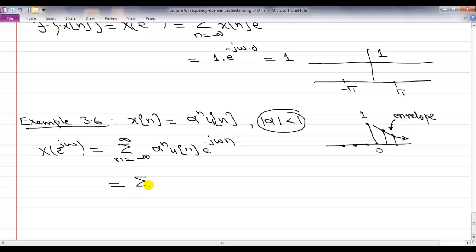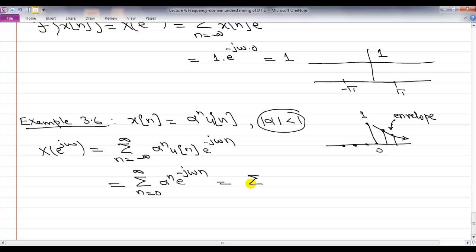So we just get rid of the unit step and go from n equal to 0 to infinity, alpha^n e^{-jωn}. And then oftentimes in discrete time Fourier transform calculations, our end goal will be to reduce our summation. These summations are infinite summations. We want to reduce them to a geometric sum.